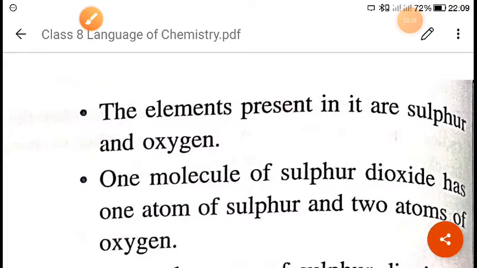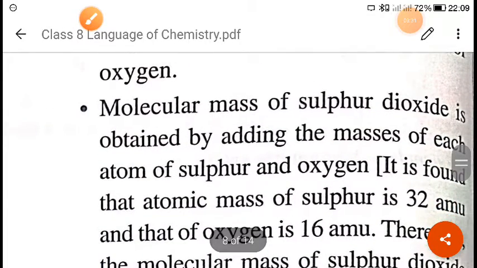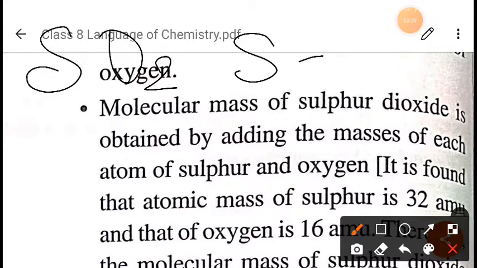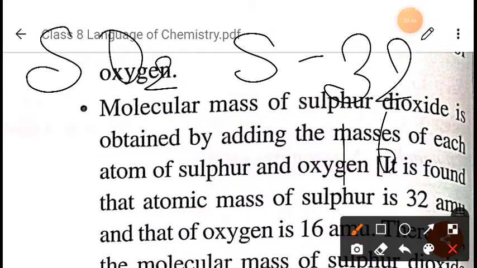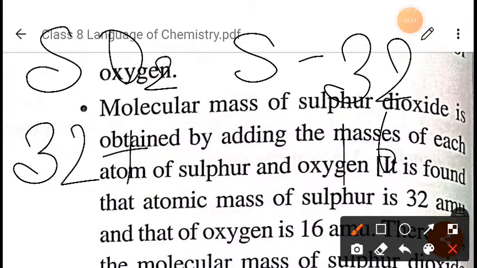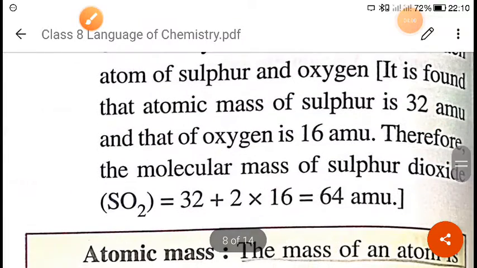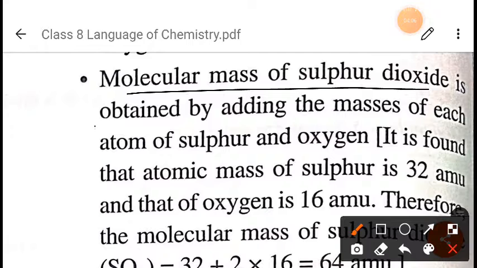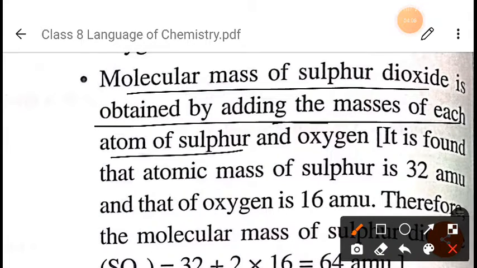Now, when we talk about the molecular mass, we can find it like this. The atomic mass of sulfur is 32 and of oxygen is 16. So we calculate 32 plus 2 into 16, which is 32 plus 32, that is 64. The molecular mass of sulfur dioxide is obtained by adding the mass of each atom of sulfur and oxygen.